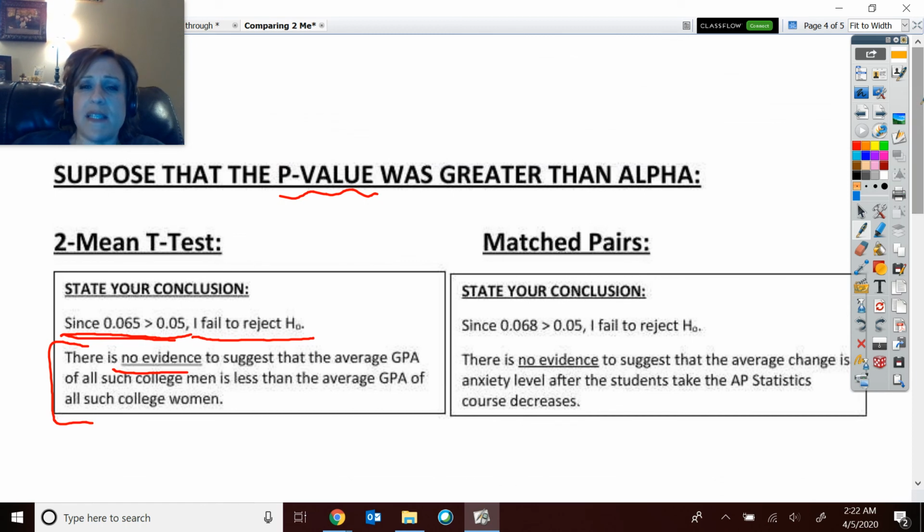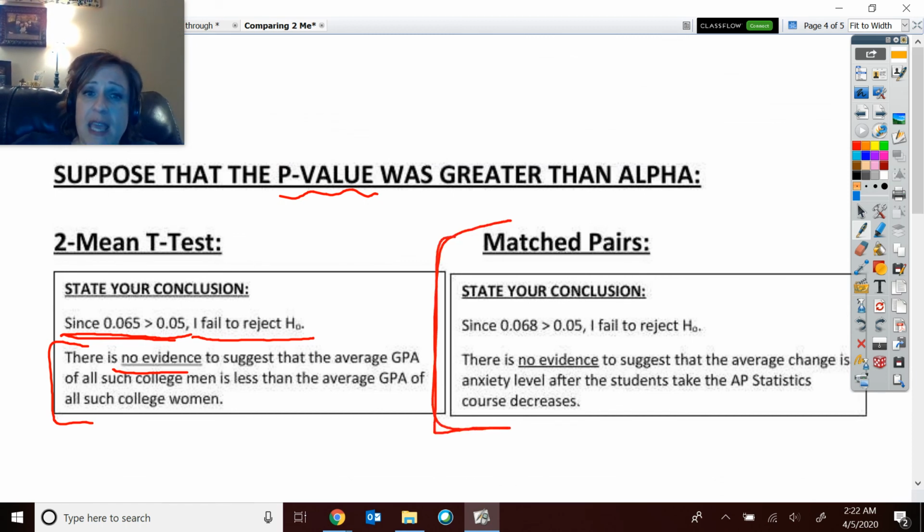All right, what happens with our matched problem if our p-value was not low? If our p-value was greater than alpha, then we would fail to reject the null, so we would not have evidence that the average anxiety level decreases after they take the course. Basically, it's not a significant difference on average.